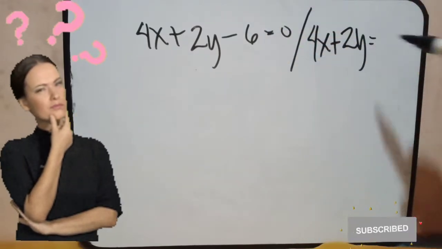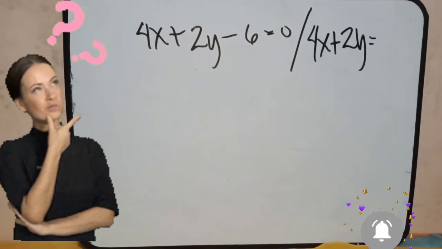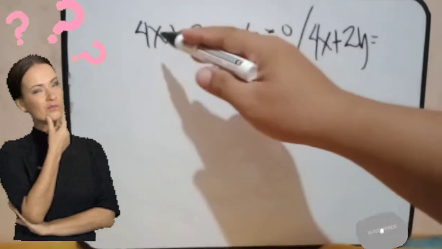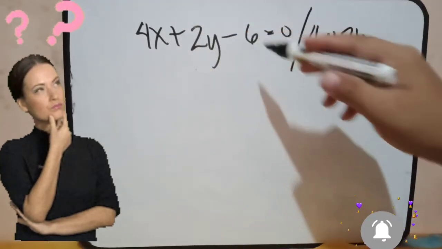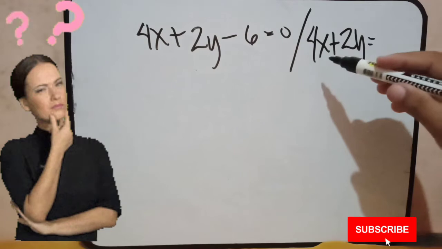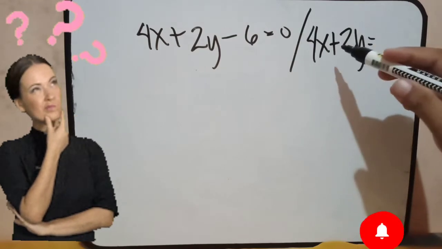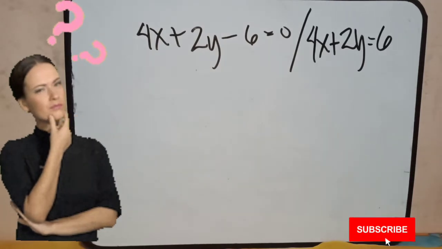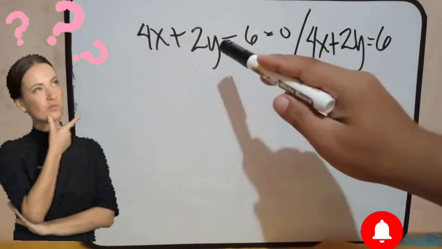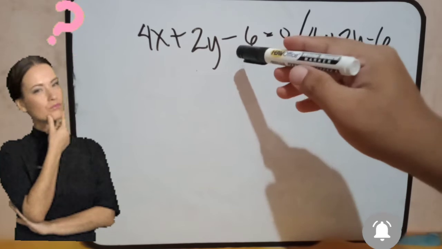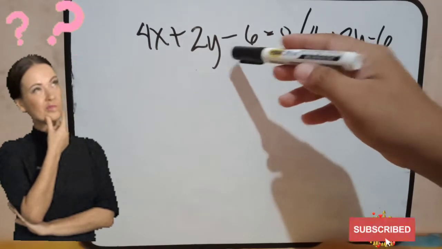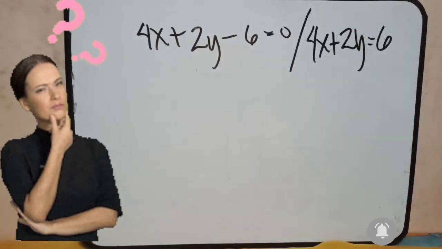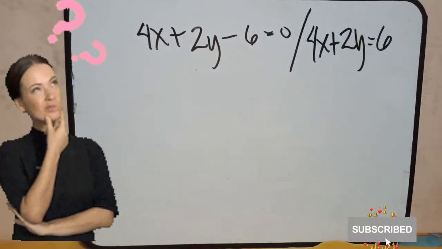So for standard form, it must be 4x plus 2y equals positive 6. Why is it positive 6? Because our number here is negative 6, and when we transpose it to the other side, it becomes positive 6.